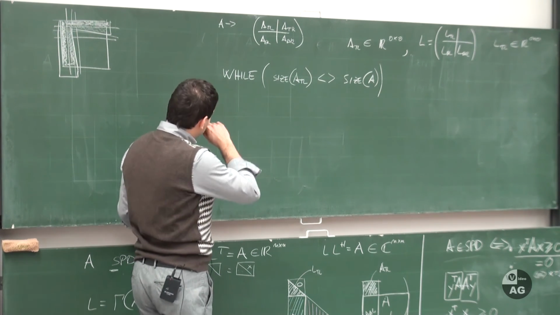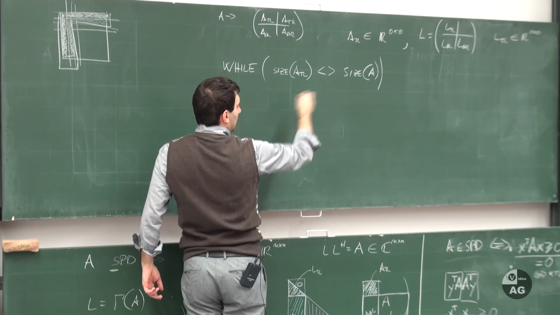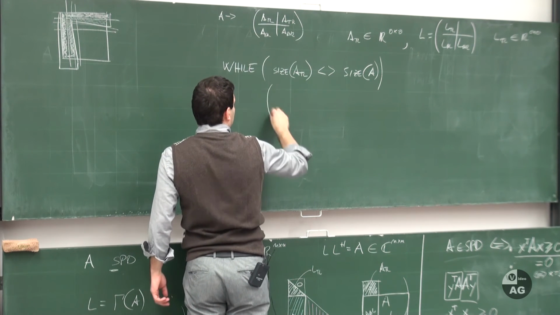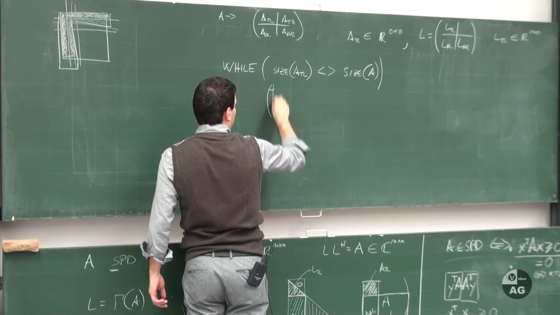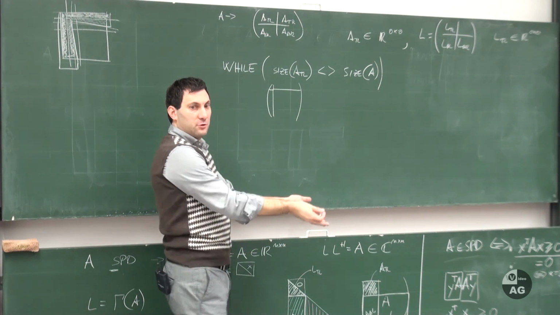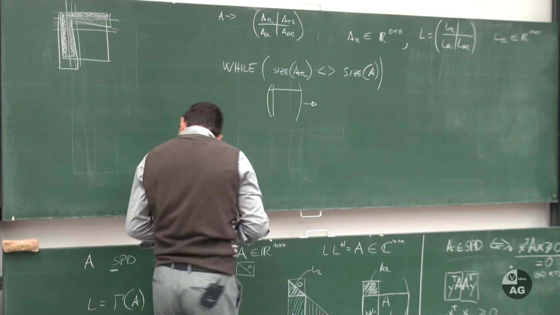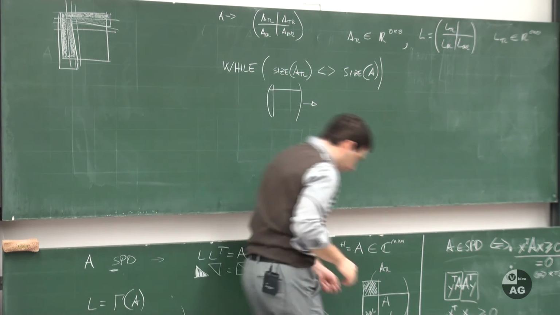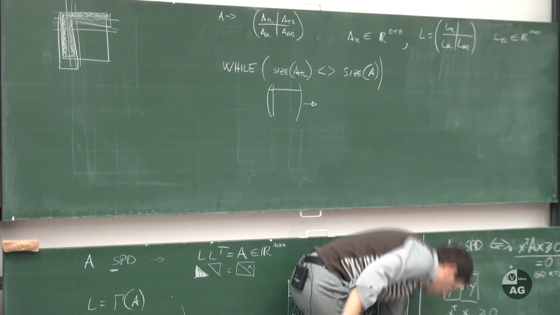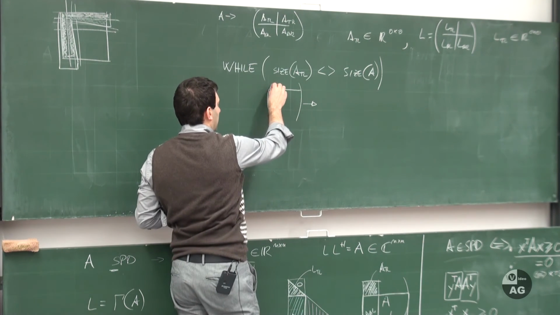So how do we do this? As I said, at the very, very beginning, A top left is empty. So I want to expose something. So now I go to a 3 by 3 partitioning. So now I really need the colors. I start from a 2 by 2 where this is empty.